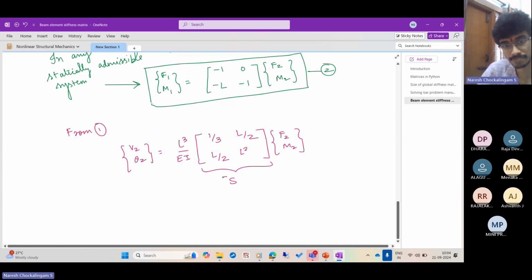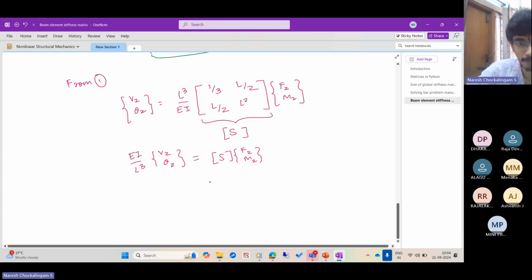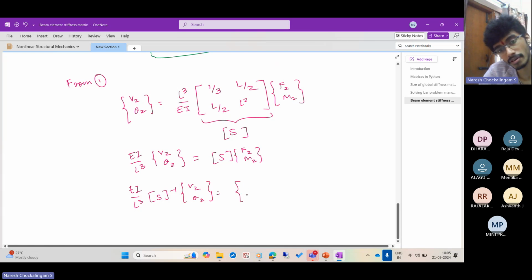Now let's call this matrix S. So you have V2 theta 2, let's take this to the other side. EI by L cube times V2 theta 2 is equal to some flexibility matrix times F2 M2. I can multiply by S inverse on both sides. So I get EI by L cube, which is a scalar, times S inverse V2 theta 2 is equal to F2 M2.